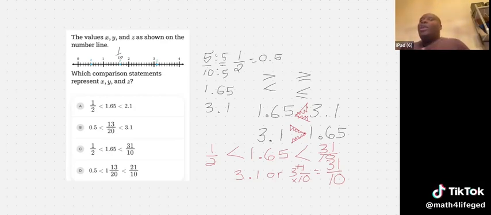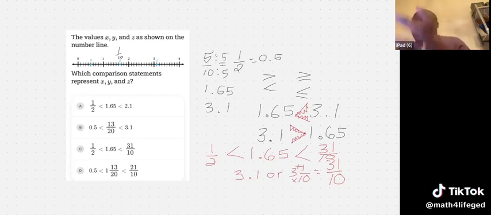Okay. And when we compare the numbers, the inequality sign represents an alligator mouth. So the mouth will always eat the next largest number. So we started with 1 over 2, then the alligator mouth ate 1.65, and then the alligator mouth ate 31 over 10, or 3 and 1 over 10.